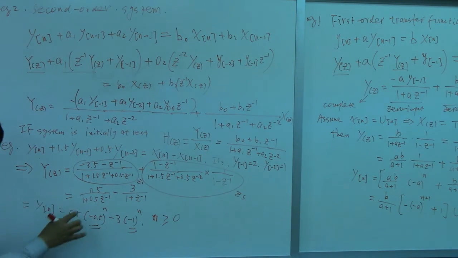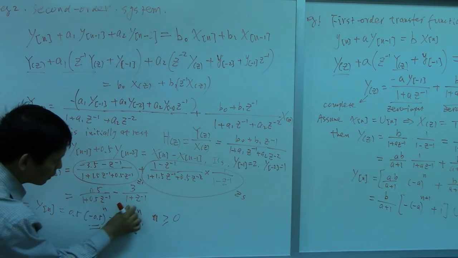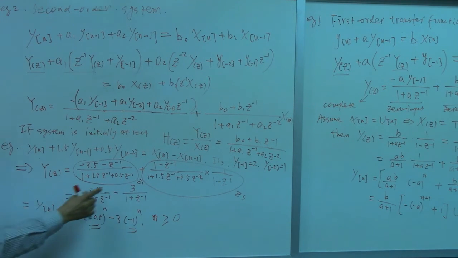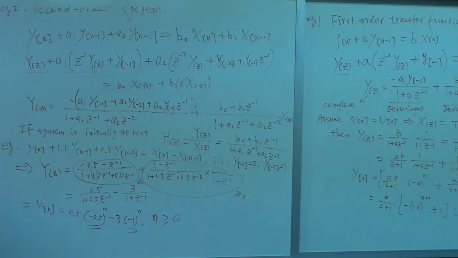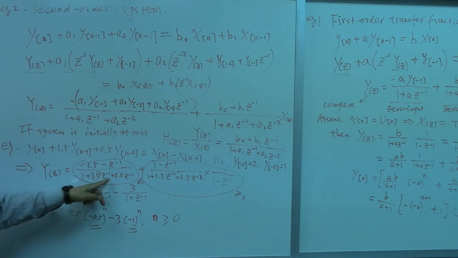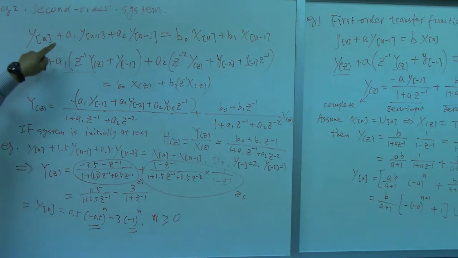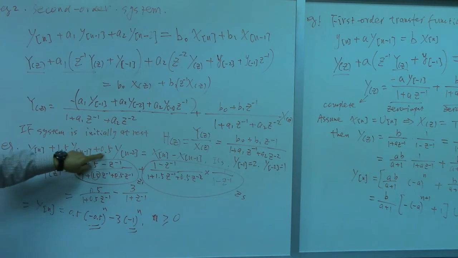So what determines this coefficient and this coefficient? Oh, that one is from here. Factorization. So that means it is from here and from here. And where do these two come from? That is from here and here.